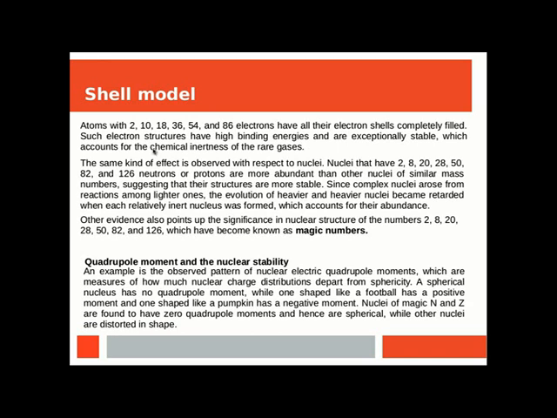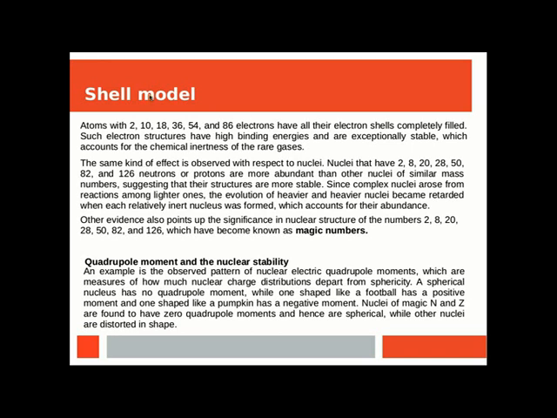These numbers are, suppose there are two electrons, or 10 electrons, or 18, 36, 54 electrons. If these many electrons are present in an atom, the atoms are stable. These numbers are associated with the inert gases. If you remember, the atoms which have these electrons are relatively stable compared to all other types of atoms.